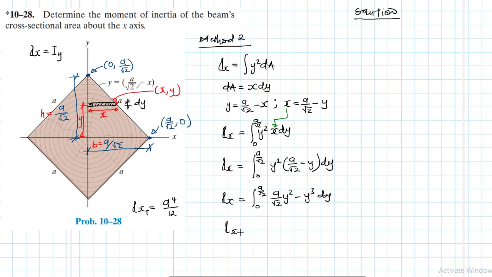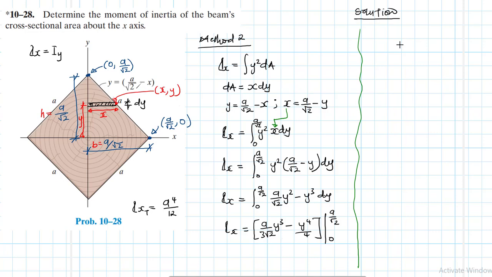Integrating the inside, we are going to have a over 3 root of 2 y to the power 3, right? Minus y to the power 4 divided by 4. And then we are evaluating this from 0 to a over root of 2. Great.